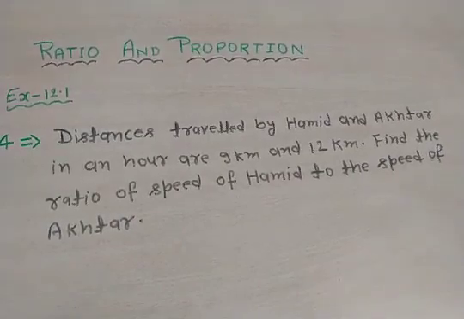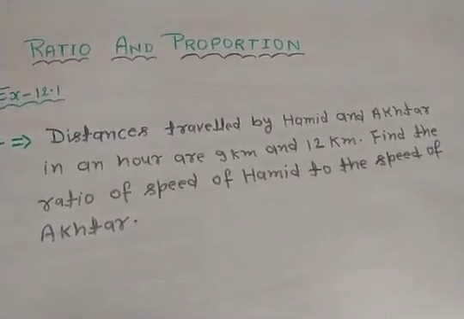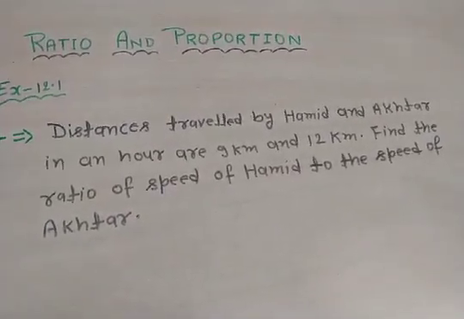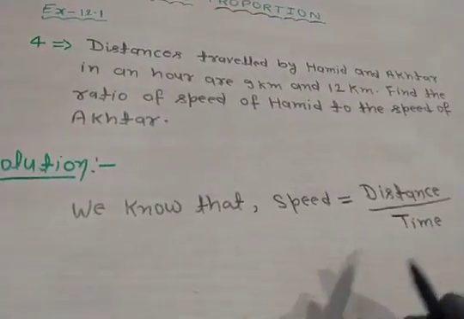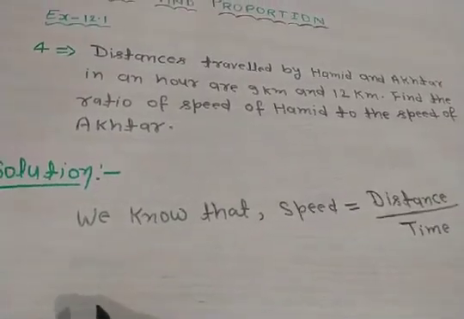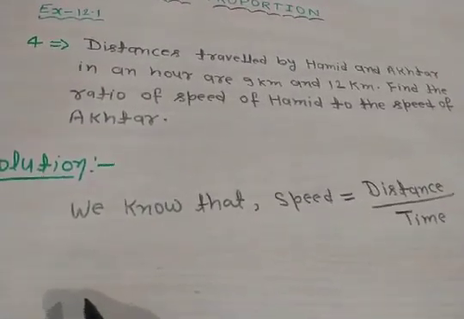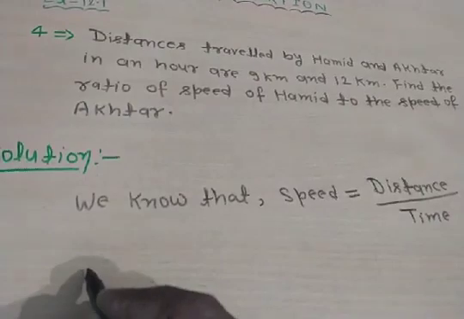Let's see how to solve it. Here we know that speed is equal to distance upon time. So we first find the speed of Hamid.